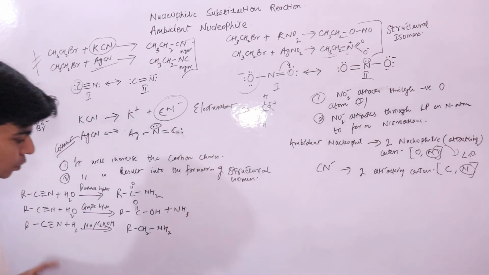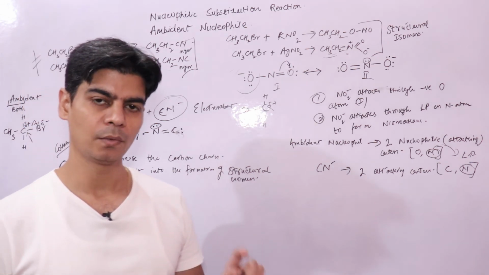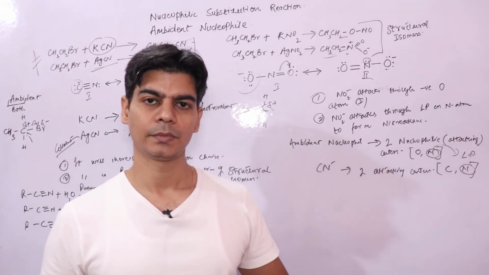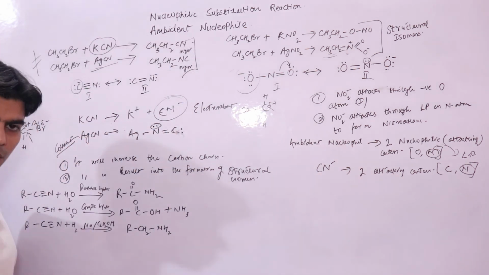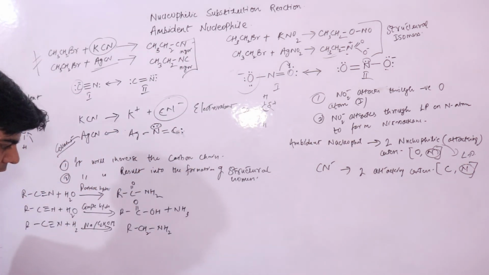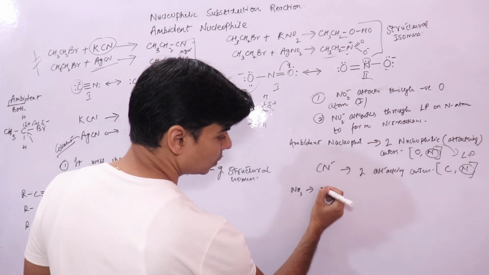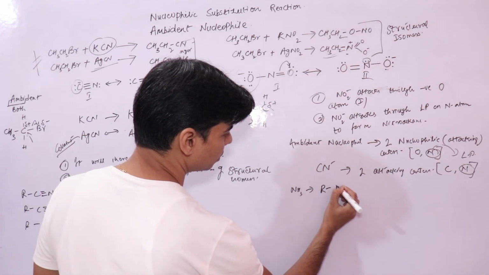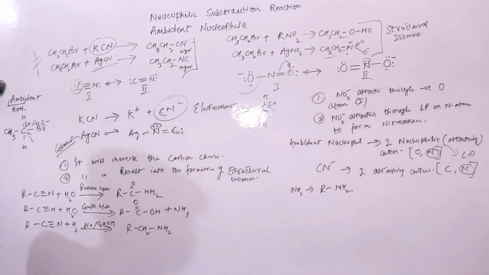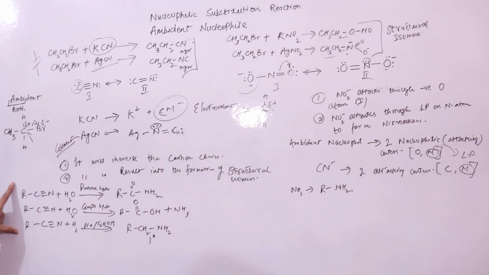We know that amines are those compounds that have this amino group, which is obtained, if you remember, by replacing one hydrogen atom of ammonia by a methyl group, or in general an alkyl group. Like this, you have ammonia. If you replace one hydrogen atom with any alkyl group, what you will get is an amine. So this is a 1 degree amine since it has only one alkyl group. So these are some important reactions.